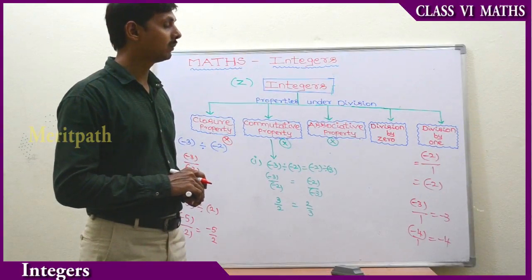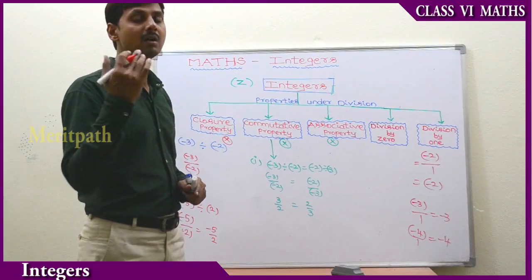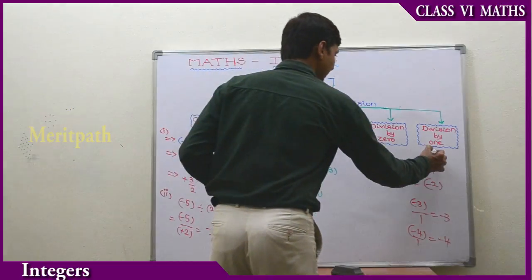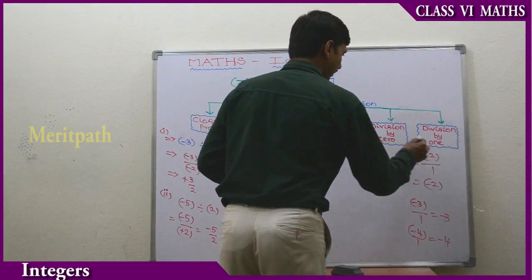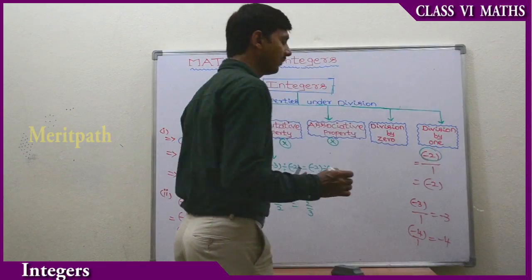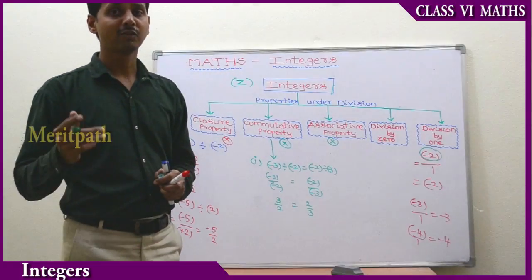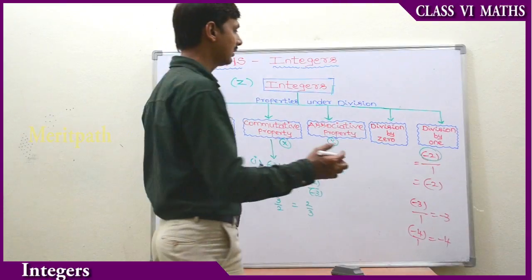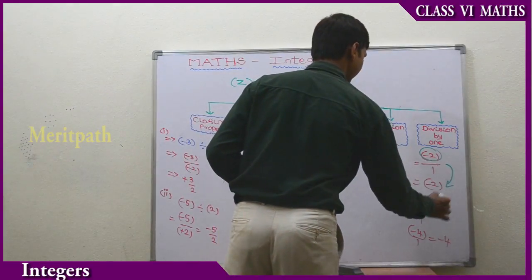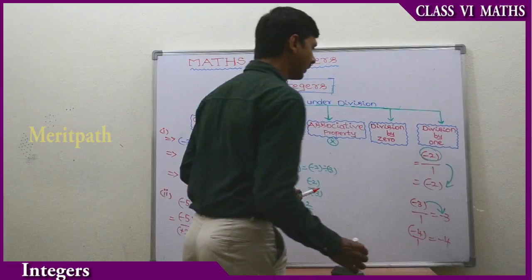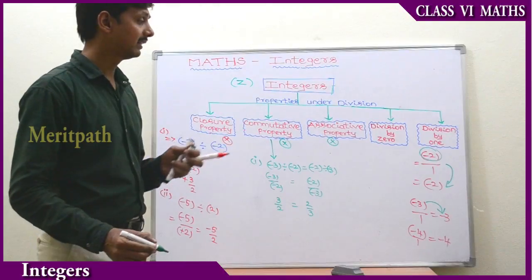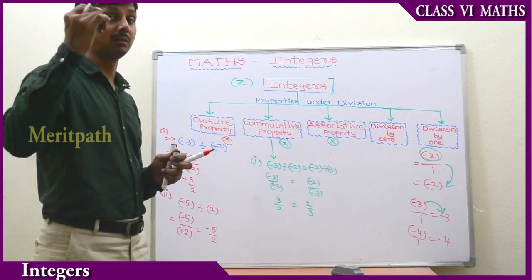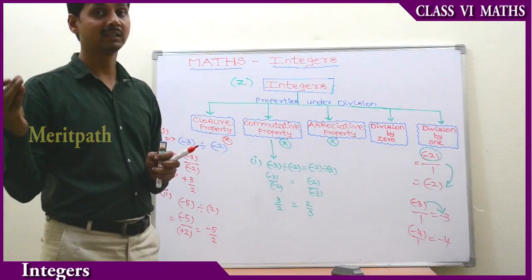So -2 divided by 1, if you take any integer, we'll get the same result, like -2 and -3 that we have taken. Whatever number we take in the numerator, we will be getting the same result.